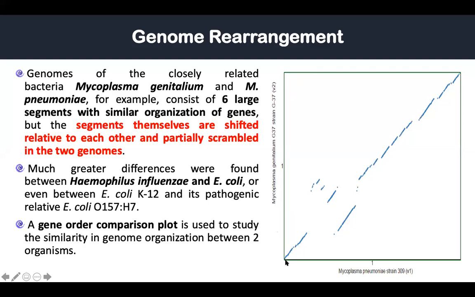So each time, let's say the first base is adenine in Mycoplasma pneumoniae, and it's also A in Mycoplasma genitalium. So you draw a dot. Similarly, in the second position, you see, let's say, thymine in your Mycoplasma pneumoniae strain, and you see the same base in the Mycoplasma genitalium genome in the second position.